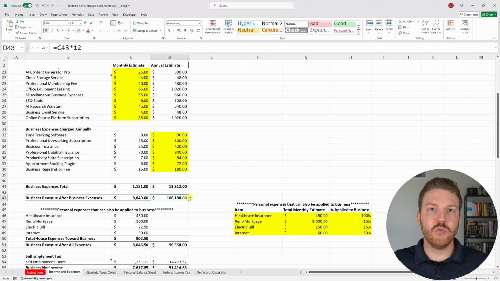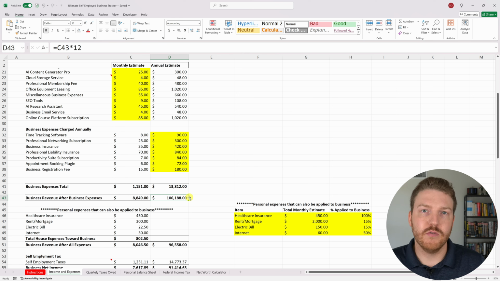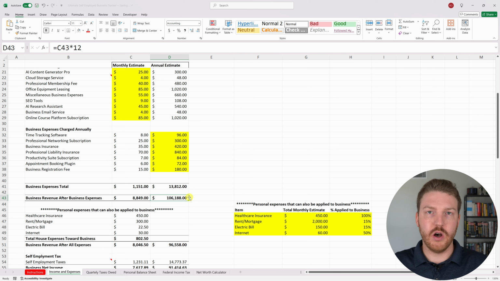Now, here's one of the advantages of being a self-employed entrepreneur: we can take advantage of lowering our taxable income by accounting for certain things that the IRS allows us to reduce our taxable income for when we're taking into account our self-employment tax.